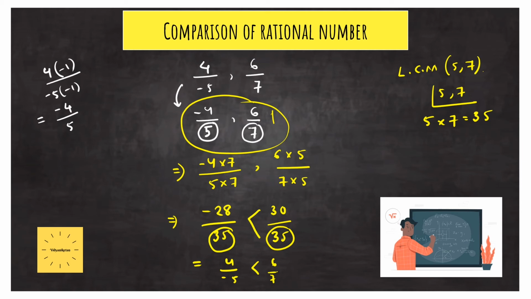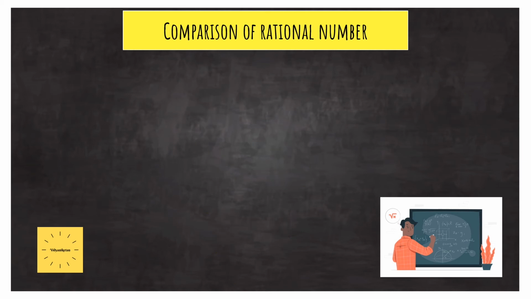Okay, so one more example. If I take 1 by 4, 2 by 5, and 3 by 6. Here you can see 4, 5, 6 and 1, 2, 3. Now all are in normal form, no negative sign in the denominator. We just need to first find the LCM.